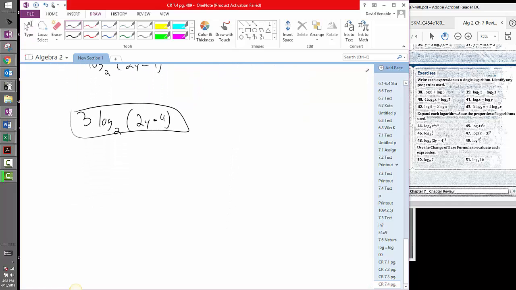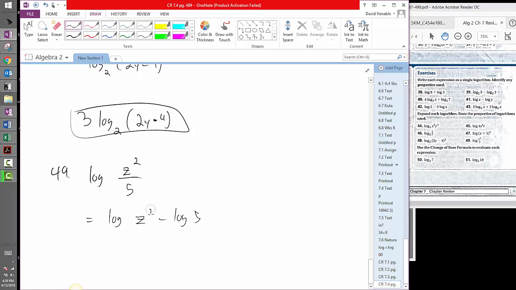Let's look next at number 49. This is log, and then you see the exponent is z to the second. I like to write my z's with a line through it, or zed if you're Canadian. Combined division is also the same thing as separated subtraction. So this is log of z squared minus log of 5.